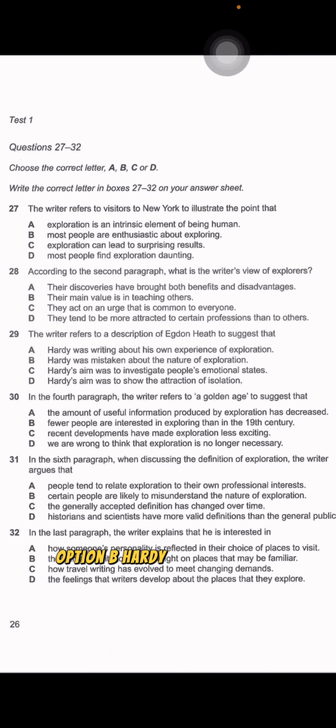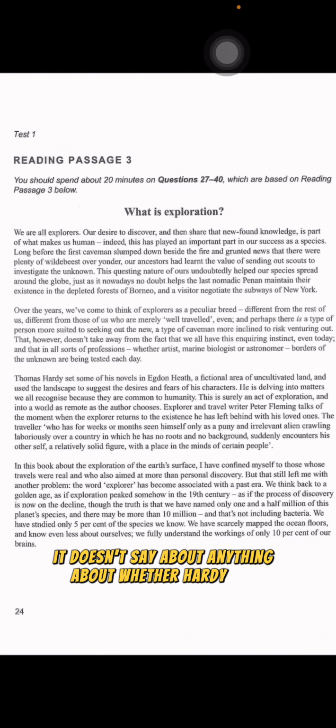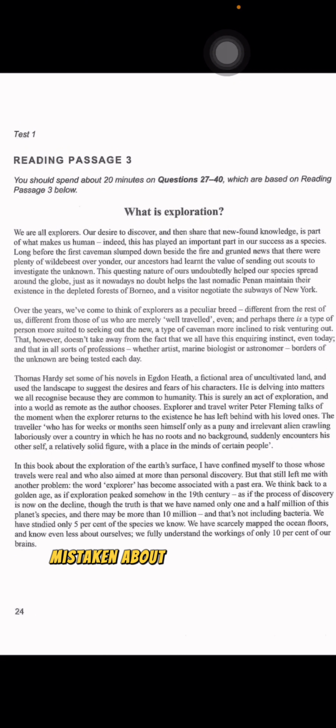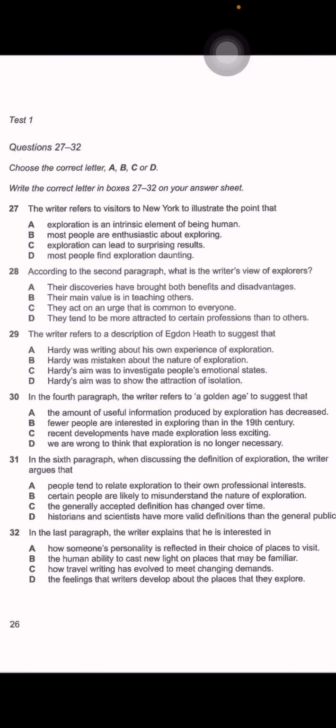Option B. Hardy was mistaken about the nature of exploration. It doesn't say anything about whether Hardy was mistaken about exploration or not. Hardy's aim was to investigate people's emotional states. Yes, this is absolutely right.